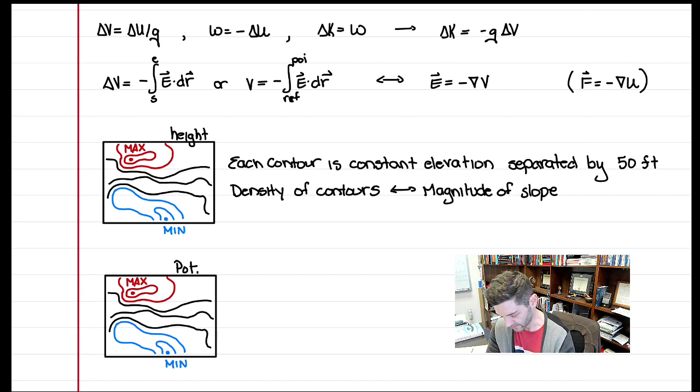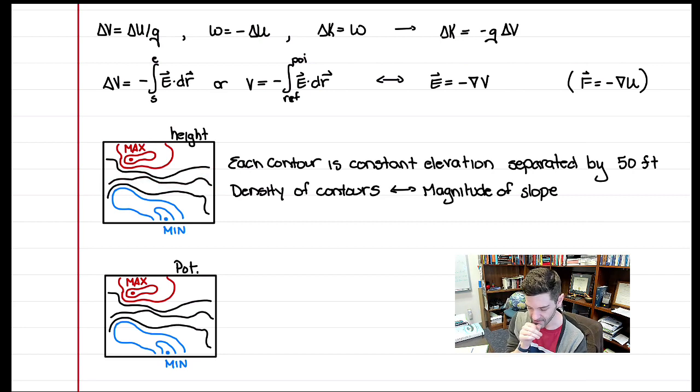If you look up a contour map, if you go to a state park that might have some trails, or you're aiming to climb a mountain, you can look at these contour maps where it draws lines of constant elevation. This particular line is all the locations in that state park that are at the same height above sea level. And then this line is all the points that are at a different elevation.